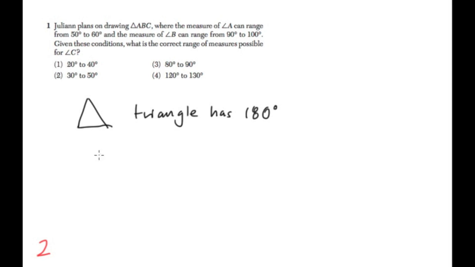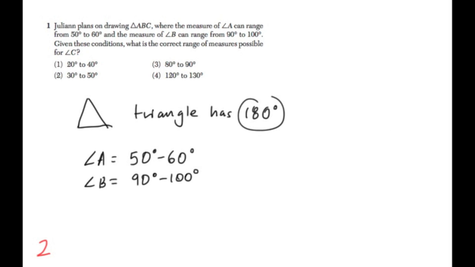So if angle A is from 50 degrees to 60 degrees, and angle B is from 90 to 100 degrees, and everything adds up to 180.